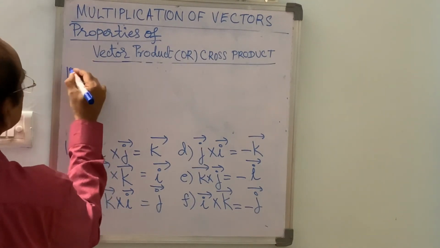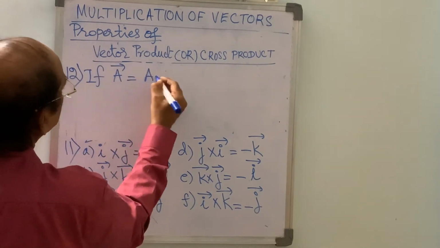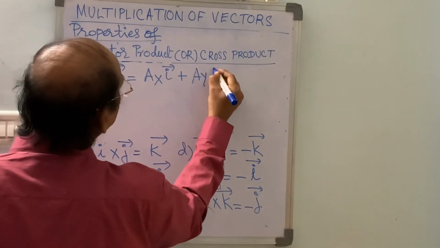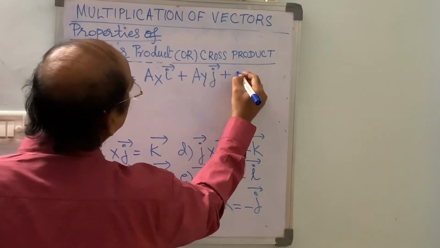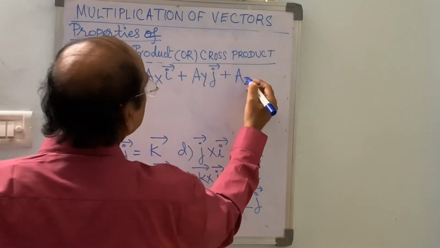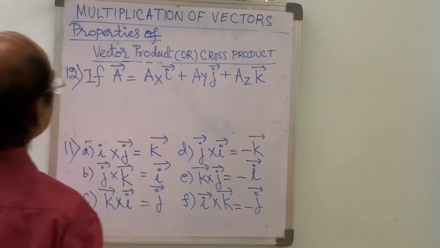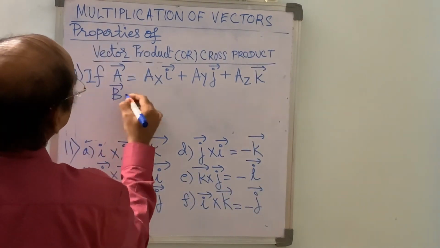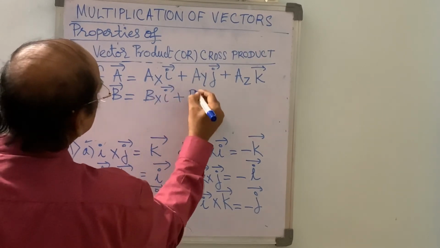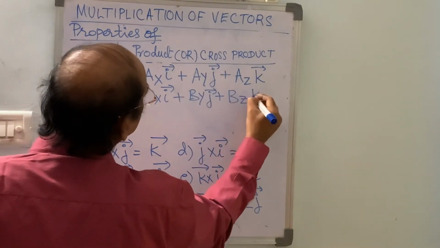Then a bar is equal to ax I bar plus ay j bar plus az k bar, the magnitude of a bar in the z direction, and b bar is equal to bx I bar plus by j bar plus bz k bar.